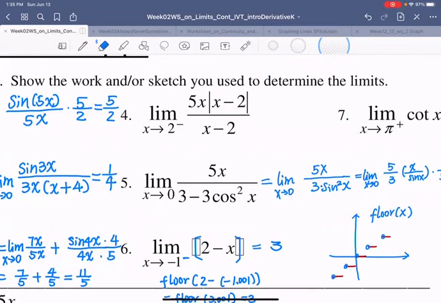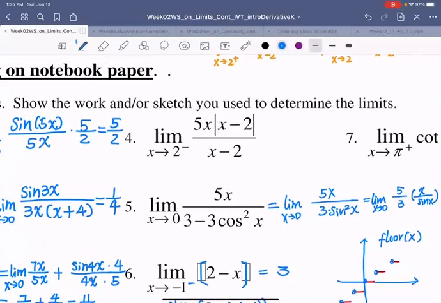Is there any volunteer who wants to work on this question with me together? Any people? No? I'm going to call, okay? Cindy, let's do number 4. What does this mean? This means approaching 2 from the left. Very good. Everybody pay attention to here.